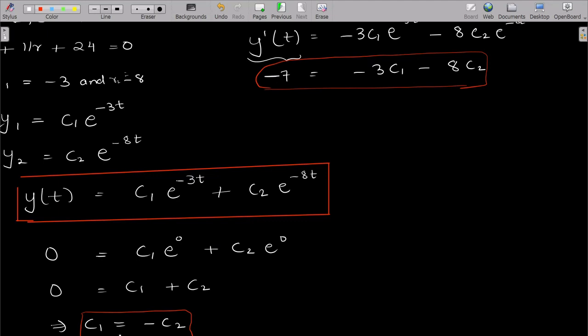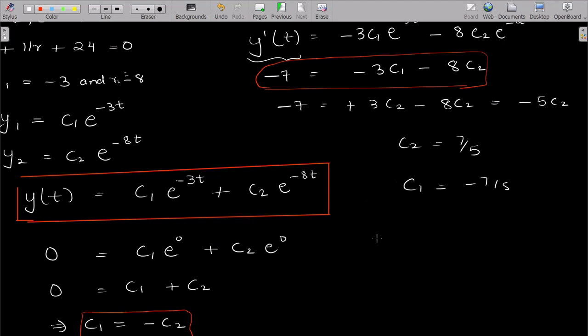You can substitute c1 equals negative c2. So negative 7 equals, you put c1 equals negative c2, so this becomes positive 3c2 minus 8c2, which is negative 5c2. So c2 equals 7 over 5 and c1 equals negative 7 over 5.